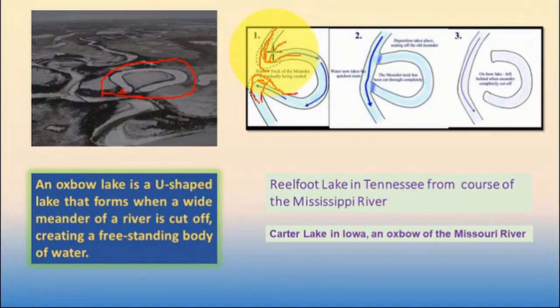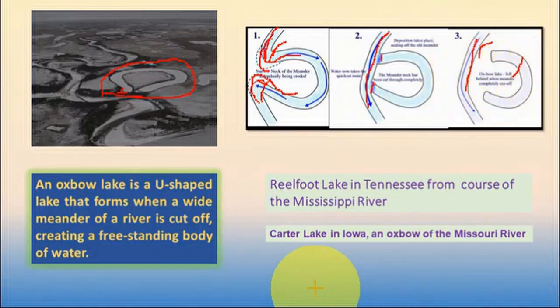Finally, the river takes a new course this way, and siltation blocks this mouth. A similar situation occurs in this mouth also, and later these two joints are totally cut off from the main river, and this is now an oxbow lake.